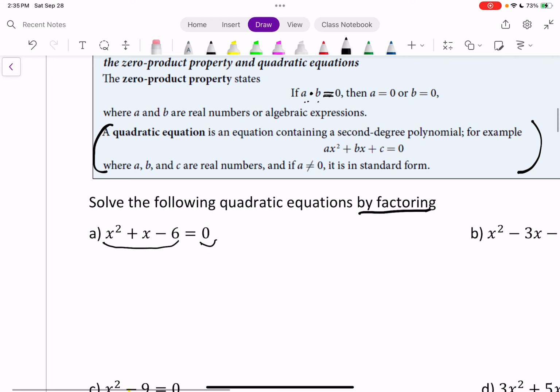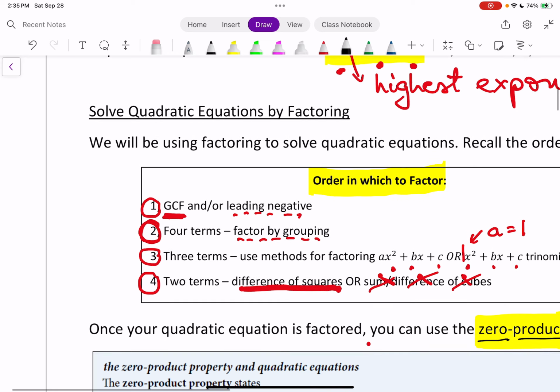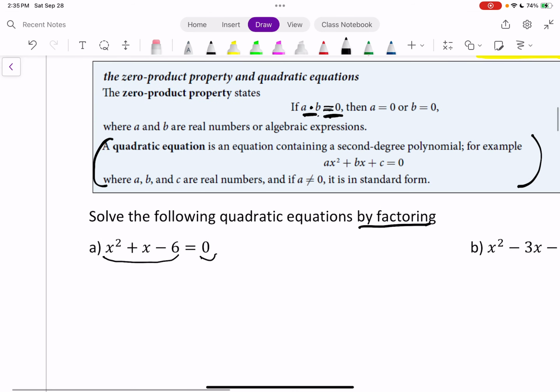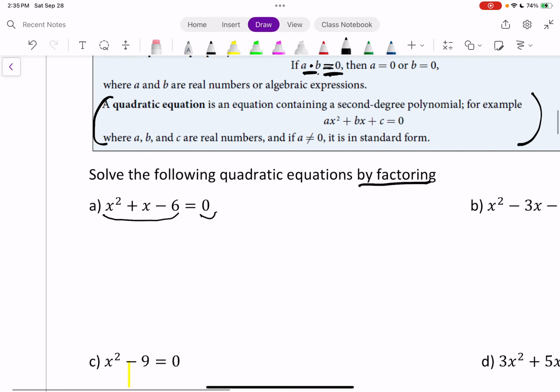So if not, you're going to need to move all the terms to one side. It has to equal 0 because you need to use the zero product rule. Now, the second part of the job, once we have it equal to 0, we need to turn the left-hand side into a product. Well, this is what factoring does. Factoring takes a sum and turns it into factors, in other words, products.